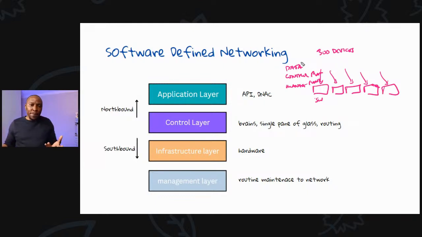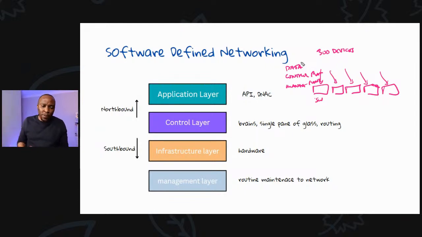The data plane is focused with the transmitting of data as it flows through the particular device. And the management plane is focused on managing that particular device, so changing configurations. So all these things were contained on the device. And for that reason, you needed to manually connect to devices individually.